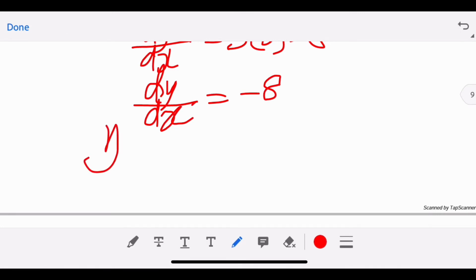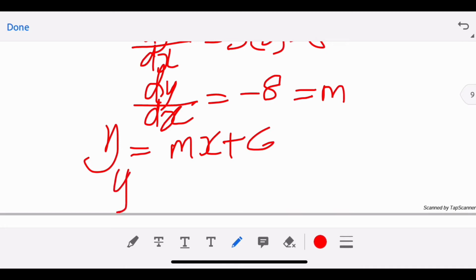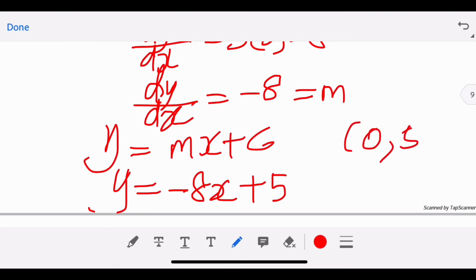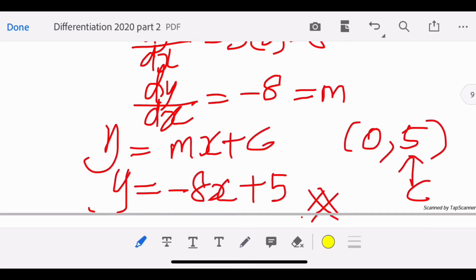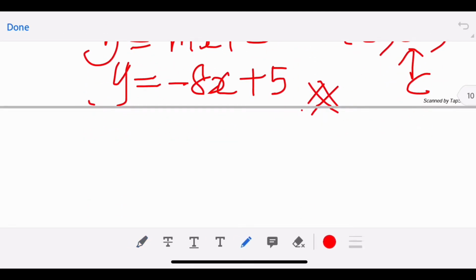Okay. So now if you want to form the equation, we need the gradient, right? And the point, right? And the point actually is (0, 5). So it's y = -8x + 5. That's all for this question, because it passes through the y-axis, so the c is 5.